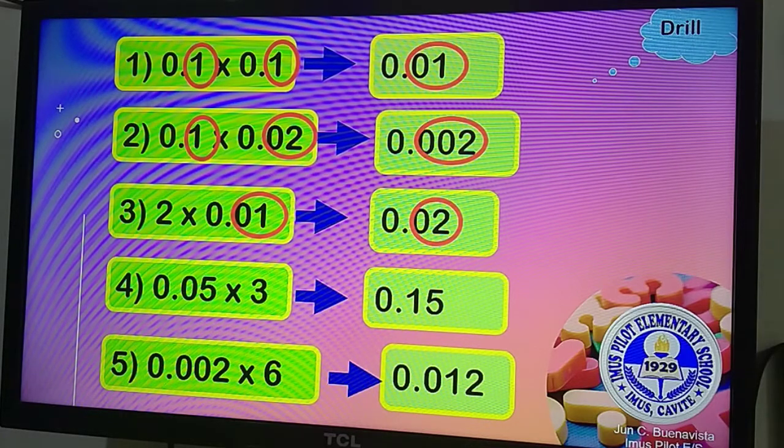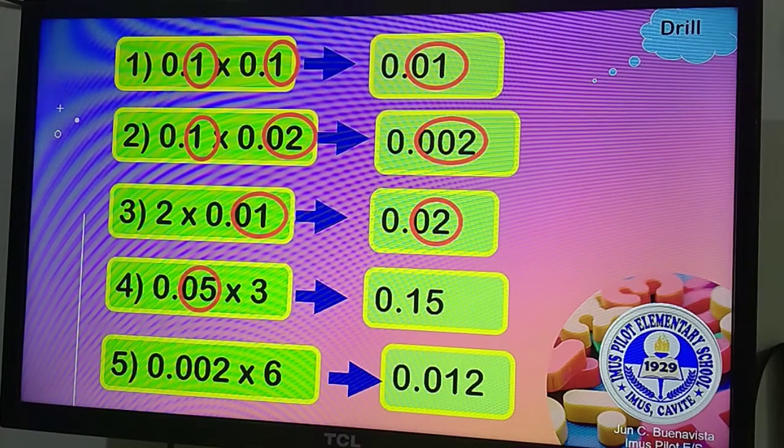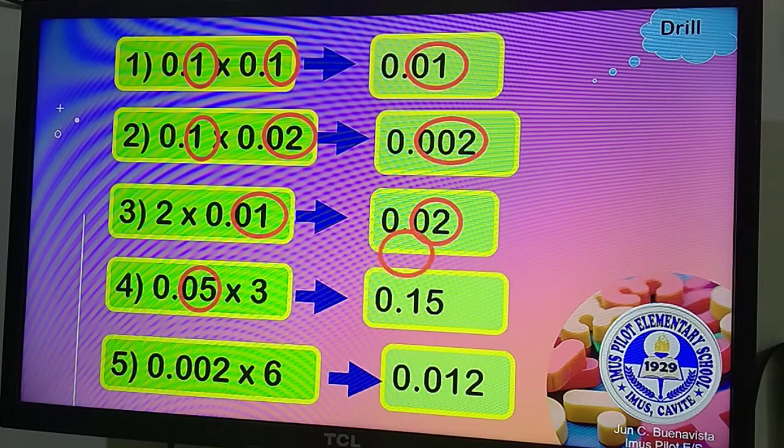For number 4, we are multiplying a decimal by a whole number. 5.00 has 2 decimal places. The 3 is a whole number, so we have no decimal place. That is why only 2 decimal places in your answer. So 3 times 5 equals 15, and that is 15.00. So we have only 2 decimal places.